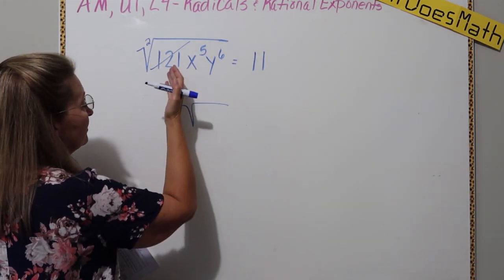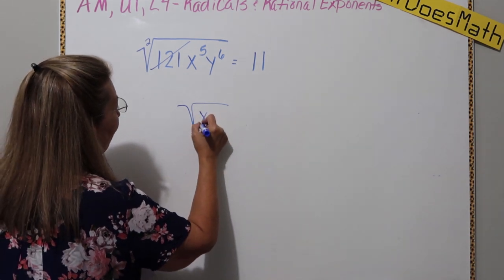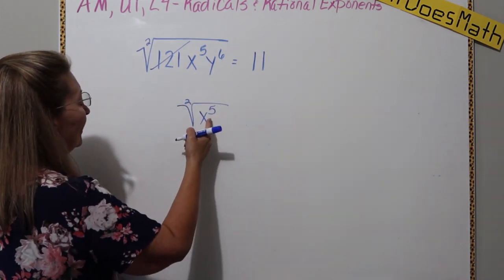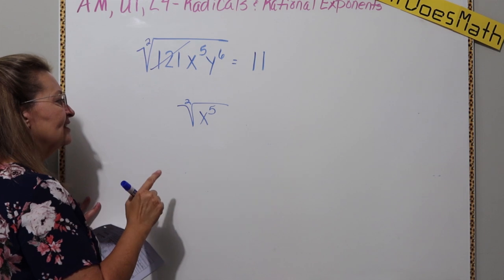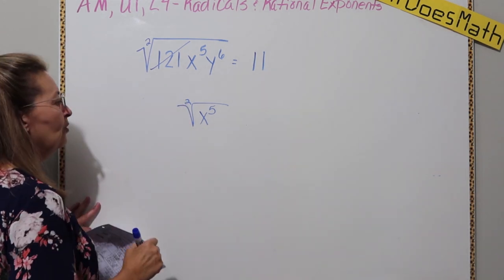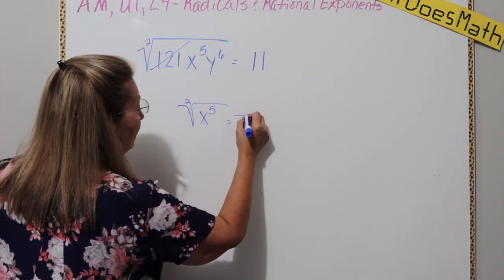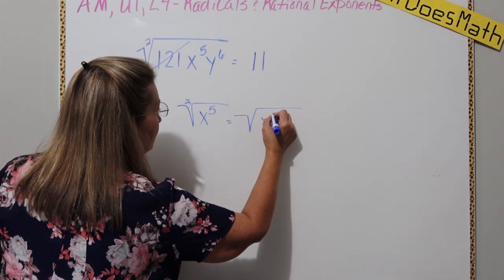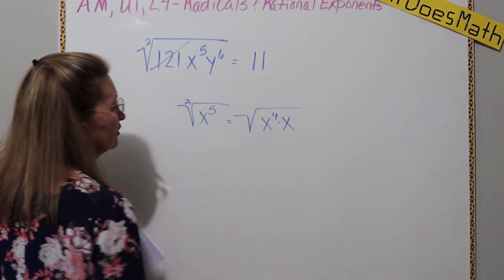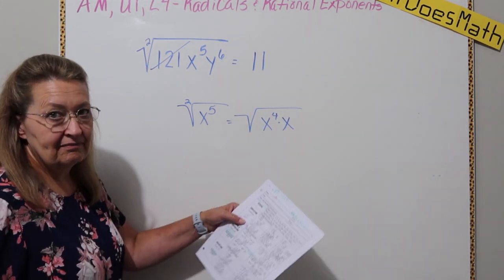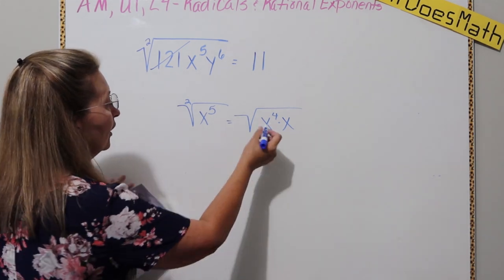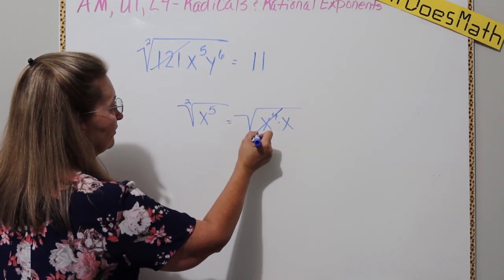You're going to do the same thing that you would do with a whole number. If I have x to the 5th, what is a number just less than 5 that is a multiple of 2? Well, that would be x to the 4th. So you're going to break that up into x to the 4th times x. That's still equal to x to the 5th. Now what's the square root of x to the 4th?